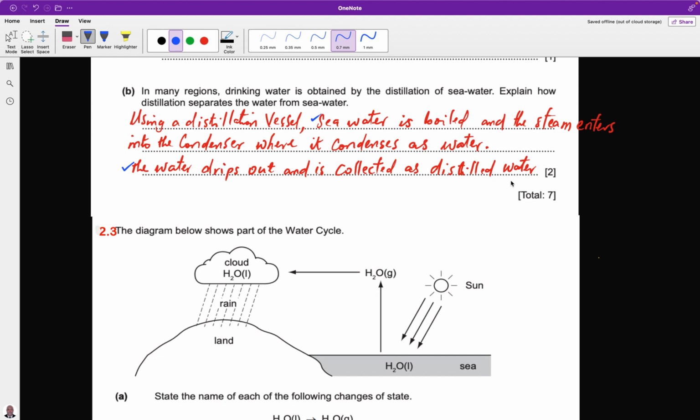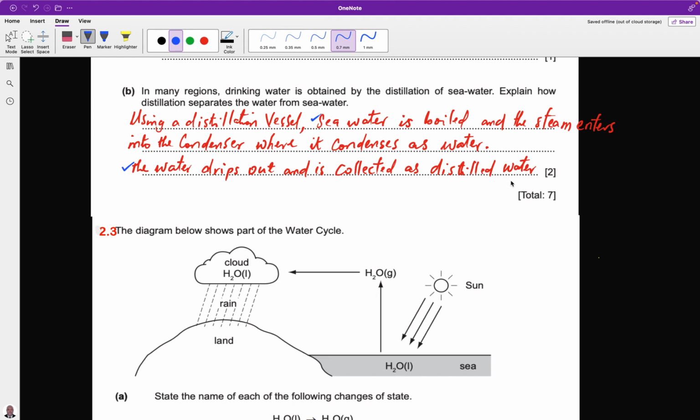So you should know the knowledge of distillation. Simple distillation. I am not talking of fractional distillation of petroleum in the petroleum industry. I'm talking of simple distillation. You will put your water using a distillation vessel. You put your water in it. You boil it. Remember that at a particular temperature, water will boil.